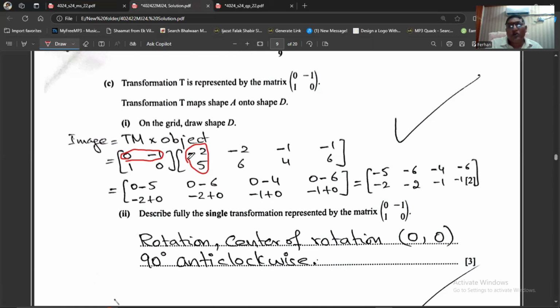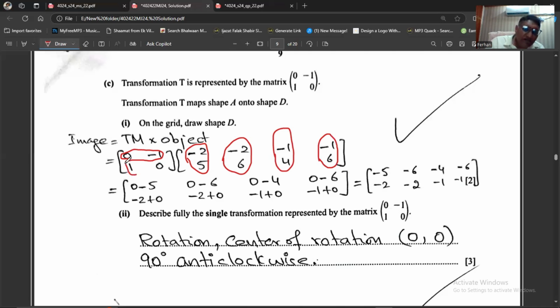The first member of the row multiplies with the first member of the column, plus the second member of the row multiplies with the second member of the column. Then the first row will multiply with the second column, then with the third column, then with the fourth column.